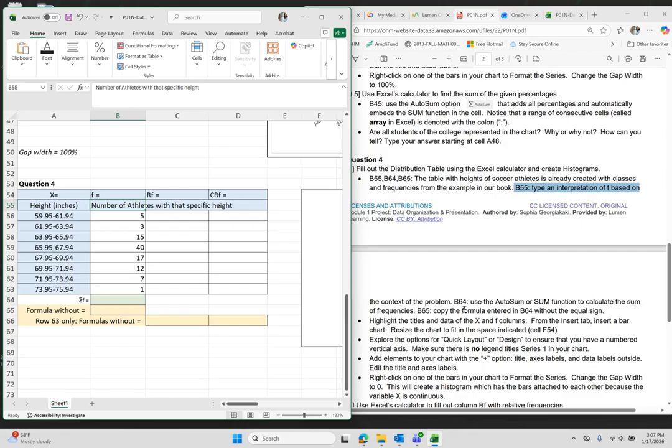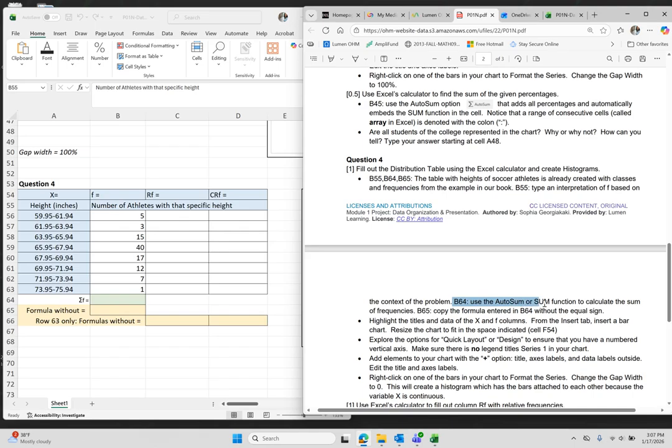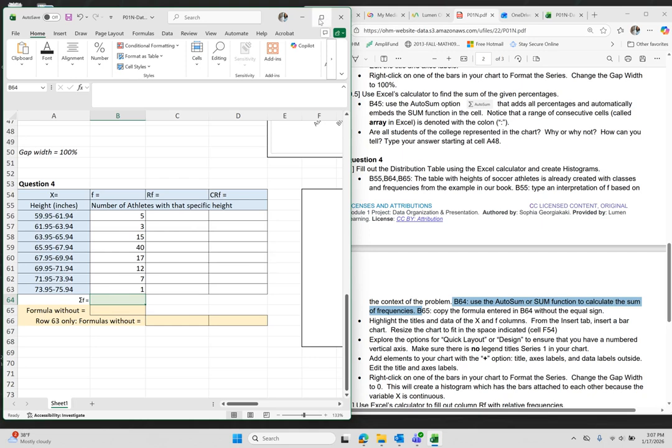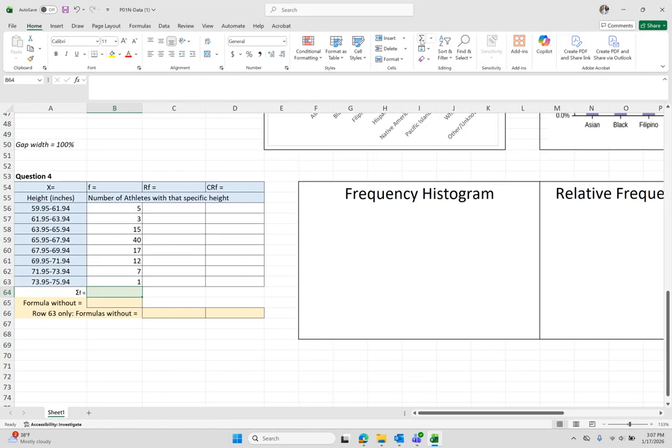After we do that, it says in B64, use AutoSum or sum to calculate the sum of the frequencies. Let's use AutoSum, which will populate the sum by itself. It gives us an array from row 56 to row 63 in column B. Here they want the formula without the equal sign, so sum B56 colon B63.